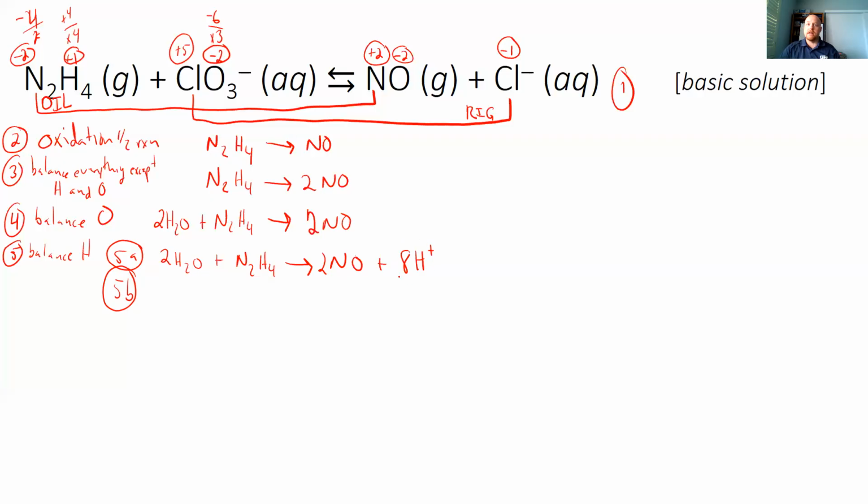Now in step 5b, this is where we have to figure out how many hydroxides we add. Remember, it's based on the number of hydronium ions here. So if I have 8 hydroniums, I have to add 8 hydroxides to each side.